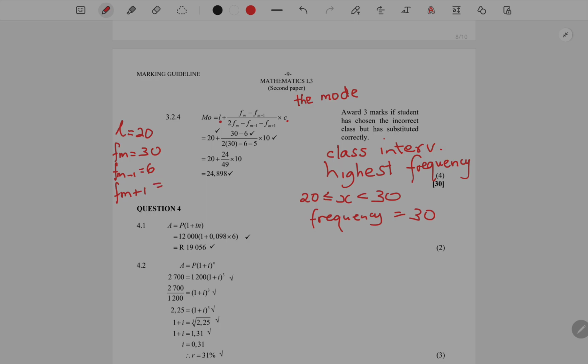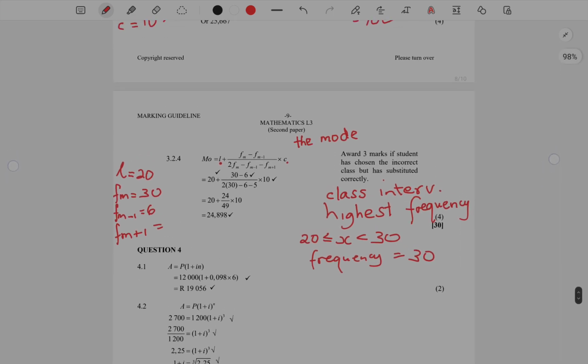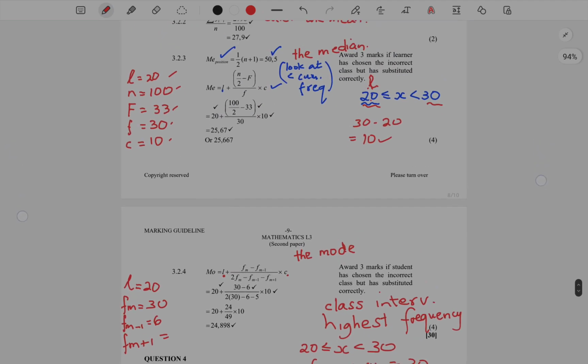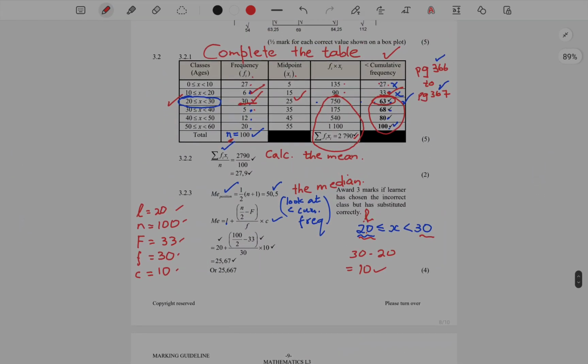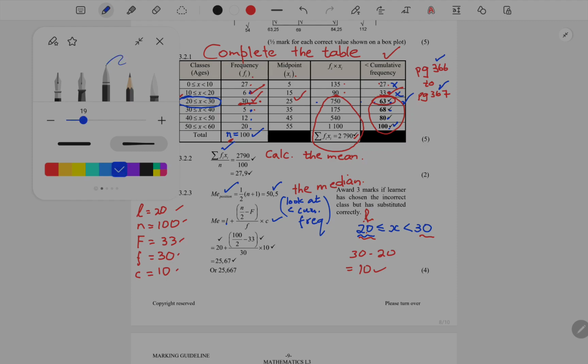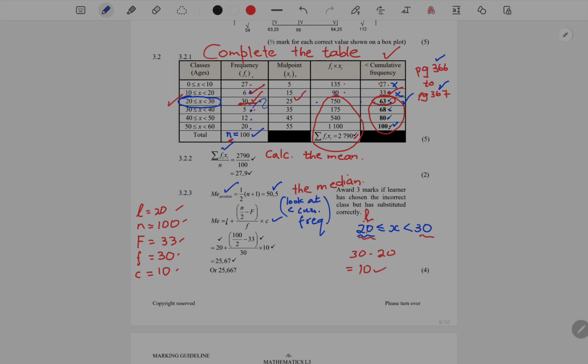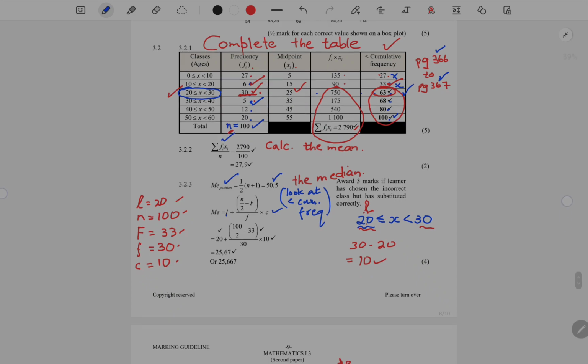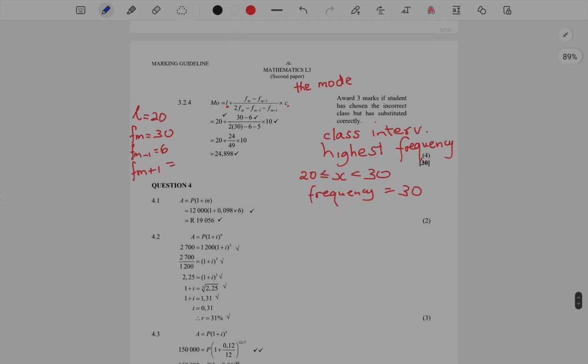It stands for the frequency of the class interval after the modal interval. So after is the next one. Let's see the next one. After 30, it is this one, which is 5. So Fm plus 1 is 5.